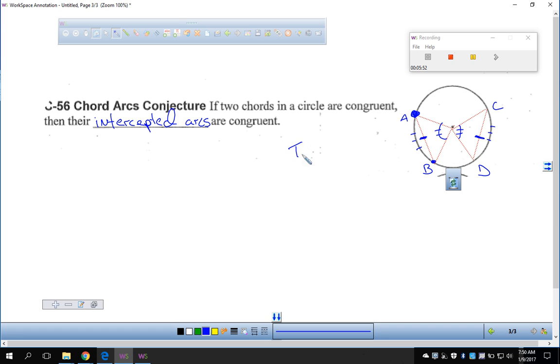If chord AB is congruent to chord CD, then the measure of arc AB is equal to the measure of arc CD. So if this chord is congruent to that chord, then these arcs are congruent. Good? Okay, so that's C56.